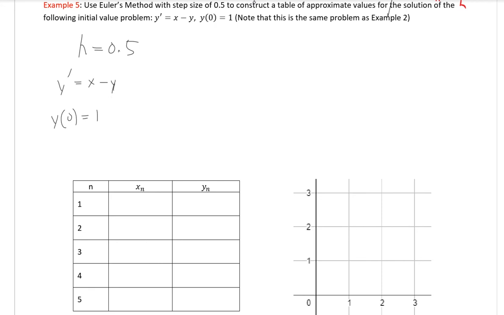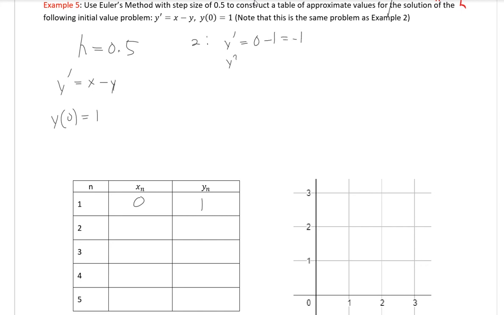Okay, in order to do that, what we're essentially going to be finding is again a list of points. So the first point that we have is the points that are given, 0 and 1. After that, we're going to start to plug those in to find the slope. So for point 2, we have y prime is 0 minus 1, so negative 1.